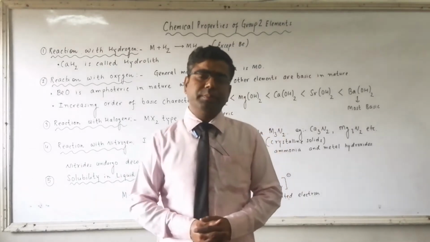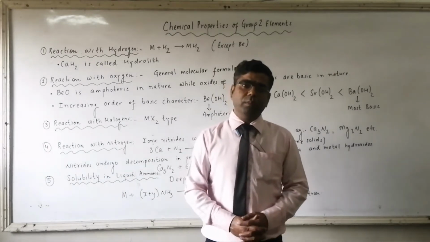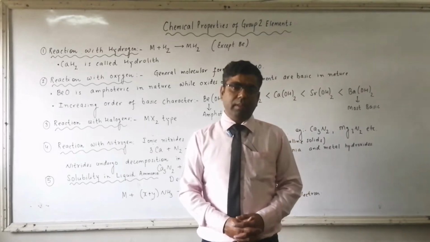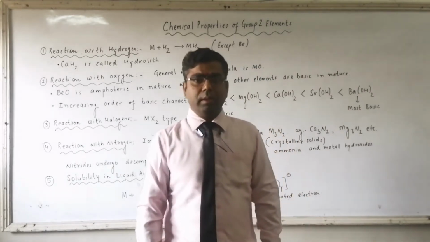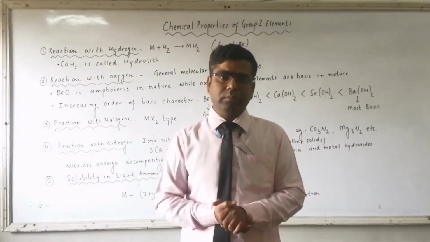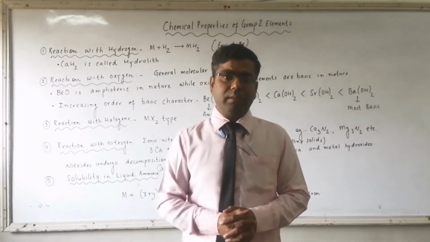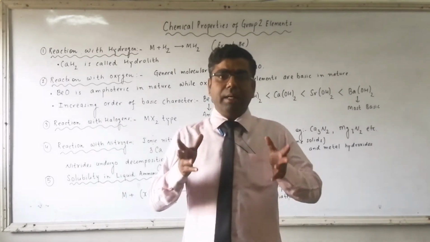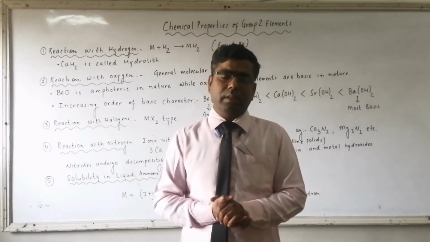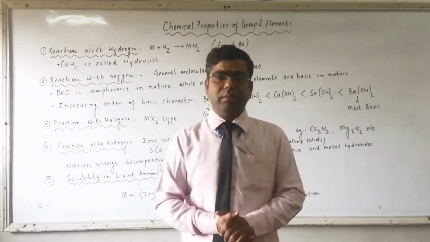We have talked about the general physical properties of group second A or group 2, that is alkaline earth metals. And there I have told you that they have large size. Though their size is smaller than alkali metals, but as they are the second element in any period, their atomic size is large.